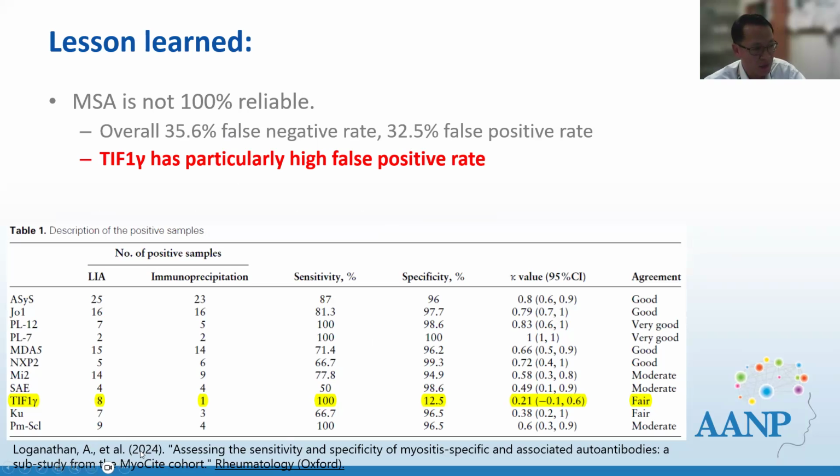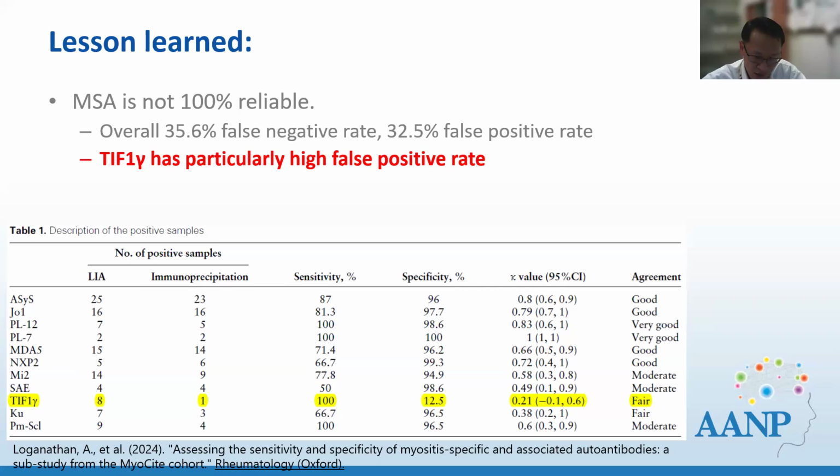In this brand new paper, they compared the line immunoblot assay, which is the typical clinical assay, with the more stringent immunoprecipitation, more commonly used in research. For TIF1 gamma, 8 cases tested positive, and only 1 of them was confirmed by immunoprecipitation. So there is a very high false positive rate in these cases, almost unacceptably high. Not all pathologists know it.